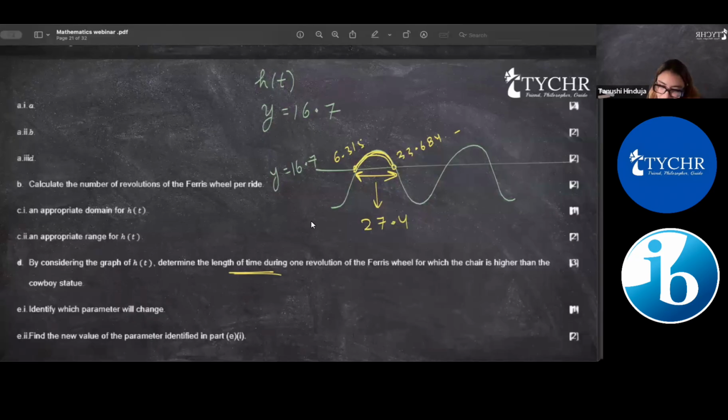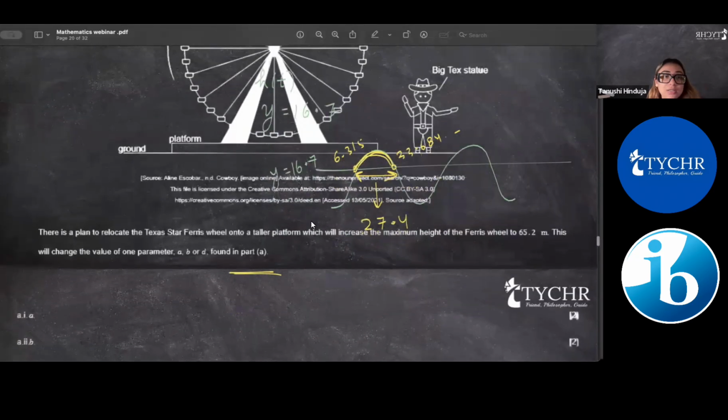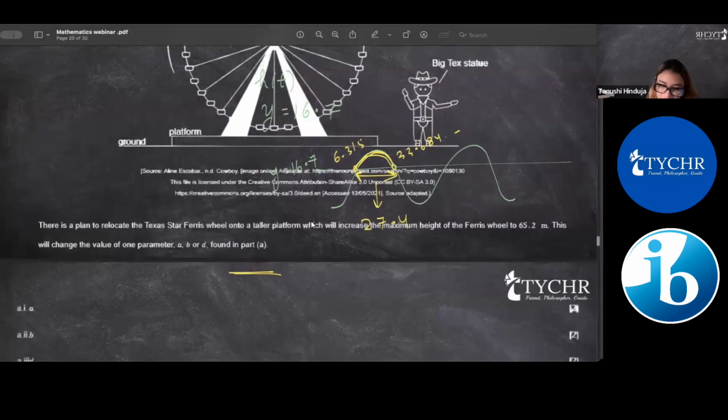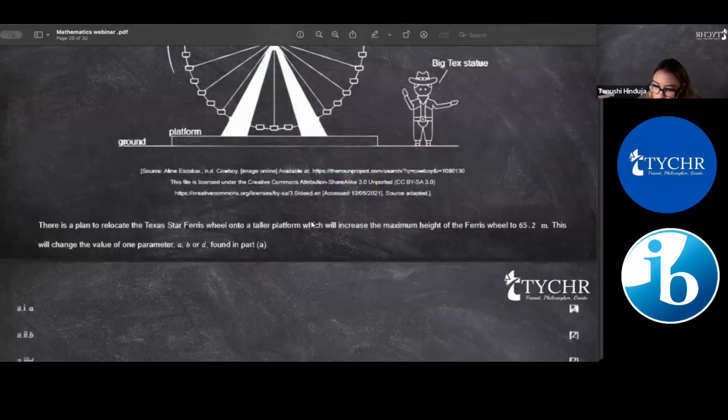All right. So next, there's a plan to relocate the Texas Star Ferris wheel onto a taller platform, which will increase the maximum height of the Ferris wheel to 65.2. This will change the value of one parameter, A, B, or D, found in part A. Okay, so which parameter would now change?